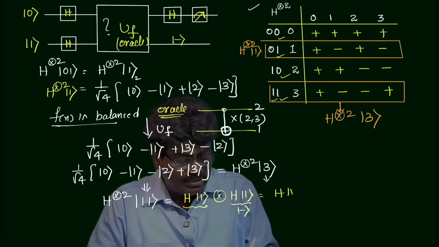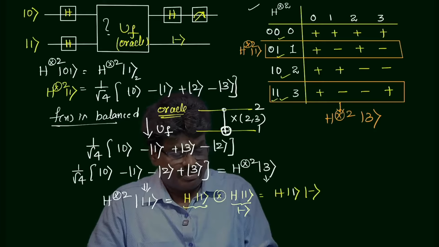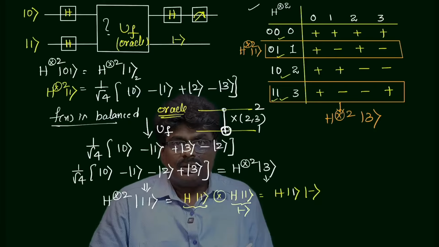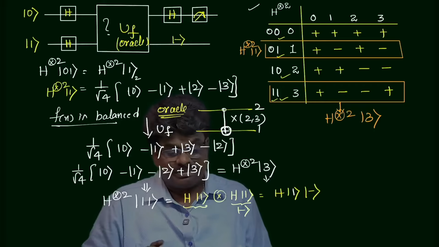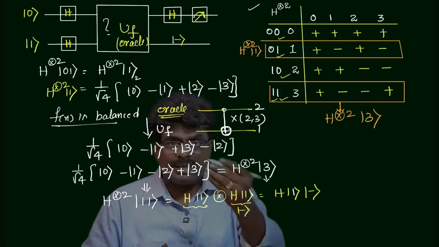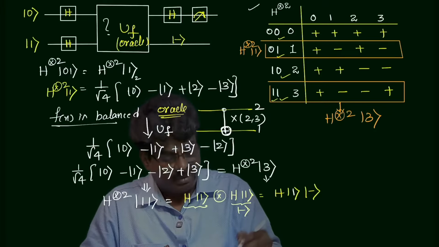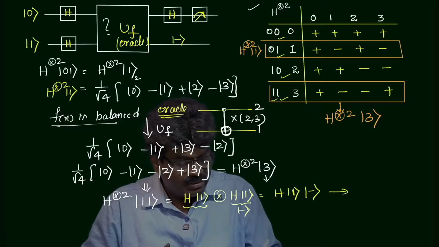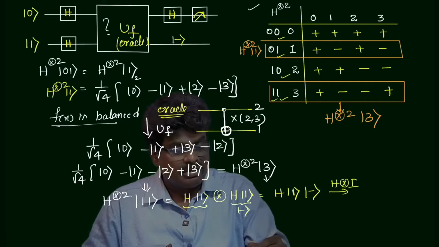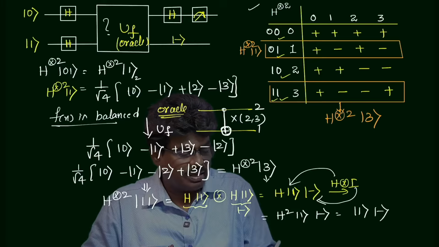So this is nothing but H1 minus. I hope you understand. Now I'm talking about that Hadamard operation. So actually here we have this Hadamard operation, that is H tensor I. So the H will operate on the first one and I will operate on the second one. So this is nothing but H square 1 minus, which is nothing but 1 minus.